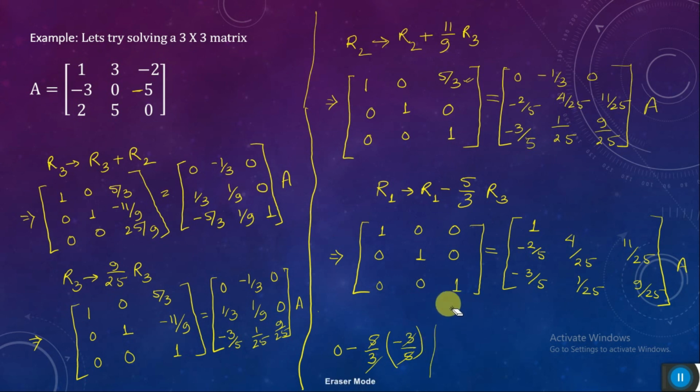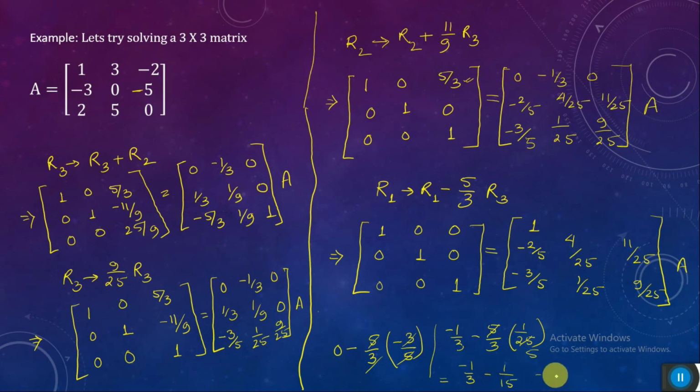Next, row 1. Row 1 is minus 1 by 3 minus 5 by 3 of row 3. Row 3 is 1 by 25. So this is 5 times. Okay, and this is minus 1 by 3 minus 1 by 15.